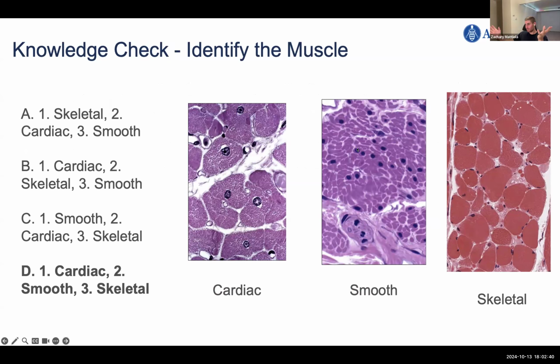Well, you have a sheet of cells basically, right? And if you cut through them, you're not always going to hit a nucleus. If you cut through a cell, you can cut through the edge of the cell, you can cut through right next to the nucleus, you can cut right through the nucleus.